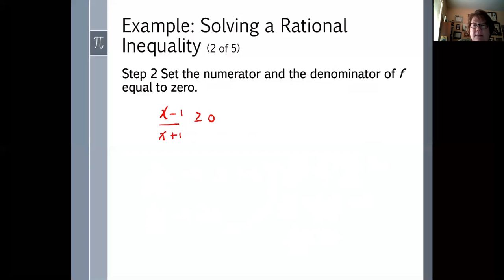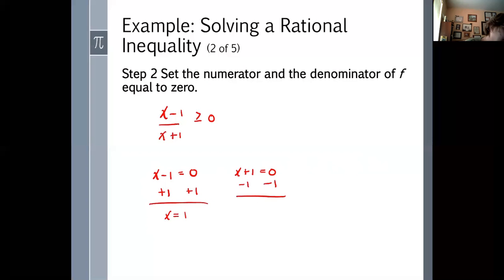To find the vertical asymptote, you set the denominator equal to 0. So to find the boundary points of a rational inequality, again, you set the numerator equal to 0 and the denominator equal to 0. I'm now going to solve these 2 equations. So my 2 boundary points are positive 1 and negative 1.